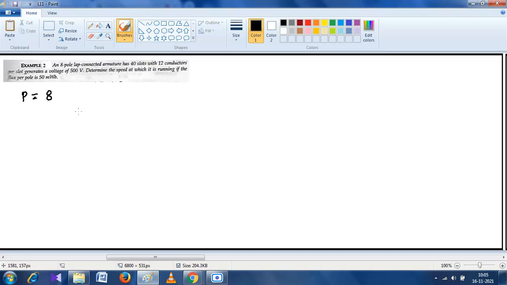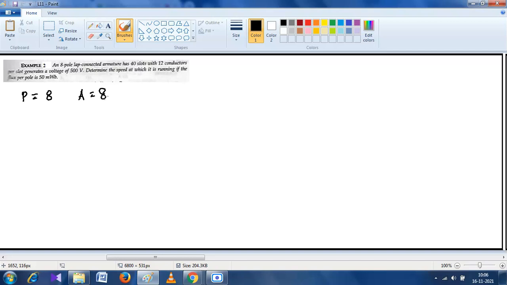So A is equal to 8. Good. Why is A equal to 8? Because the machine is lap connected, so we write A is equal to P. That means A is equal to 8, since the value of P is 8.